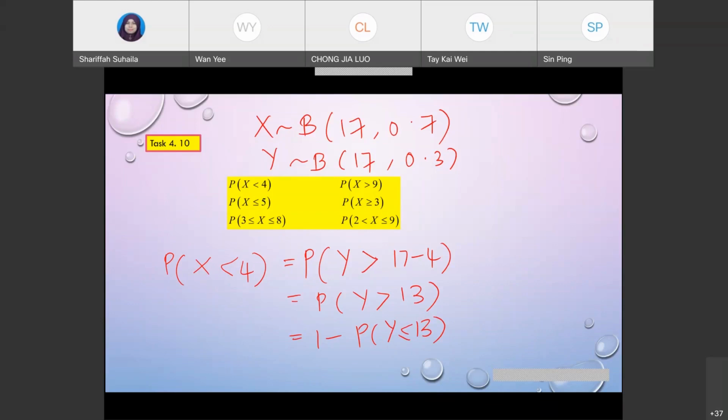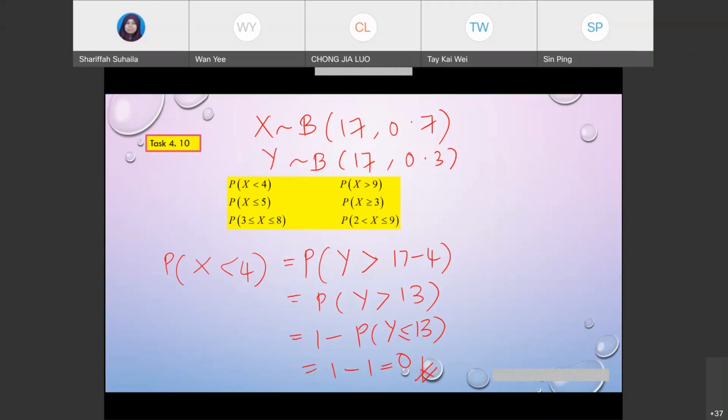So you have 13, and the probability is equals to 1. So you have 0, because the last value is 1. So that's why we got 0.